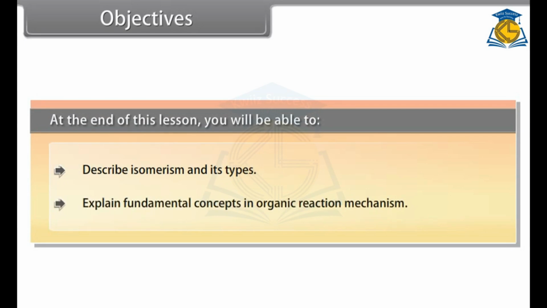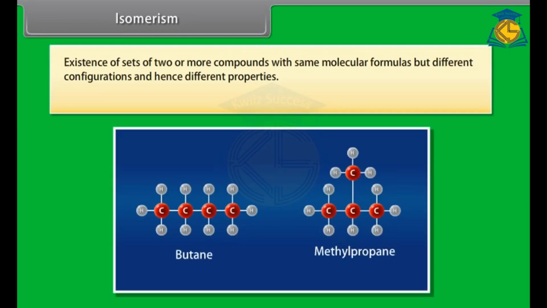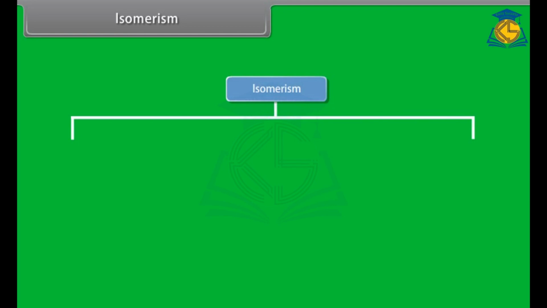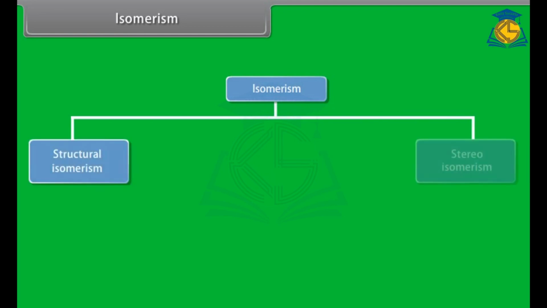organic reaction mechanism. Isomerism. Existence of sets of two or more compounds with same molecular formulas but different configurations and hence different properties. The compounds are called isomers. Different types of isomerisms are: isomerism can be grouped into structural and stereoisomerism.